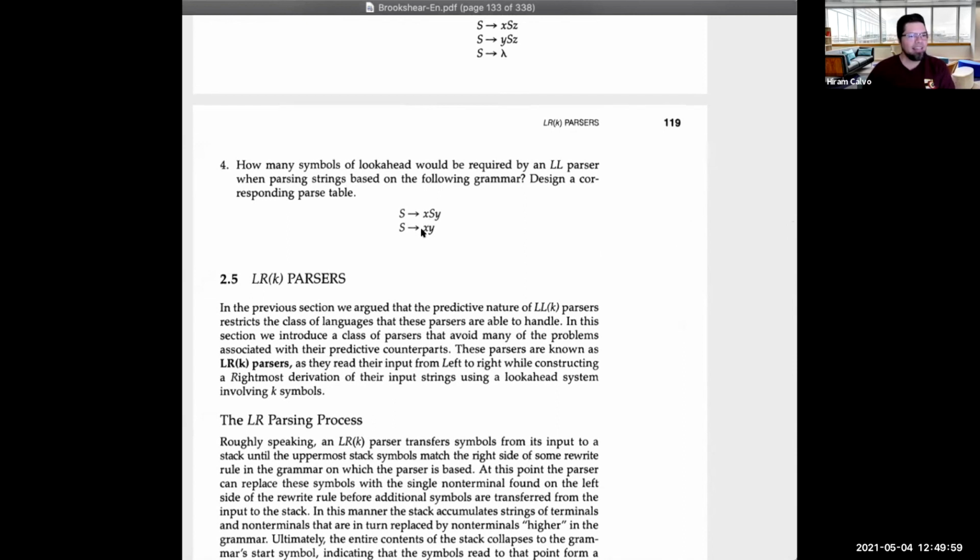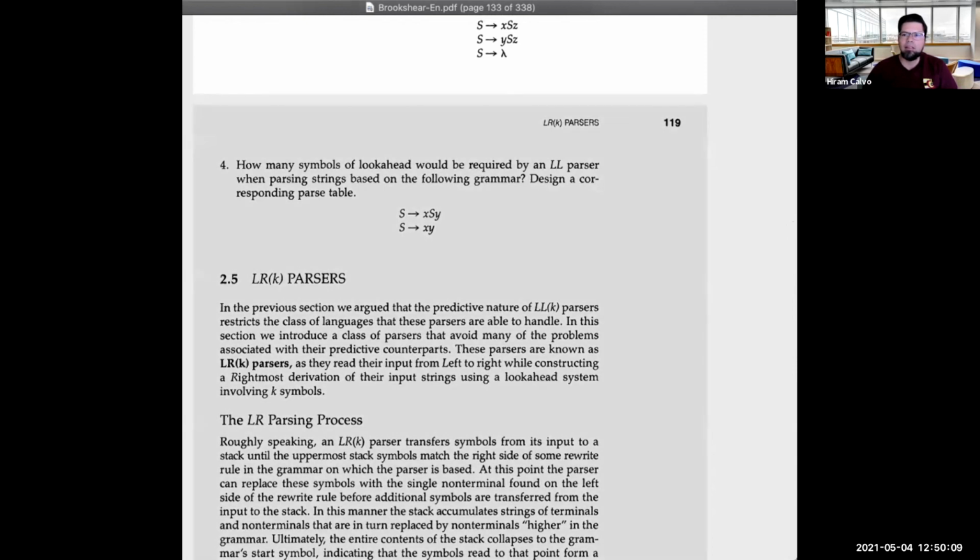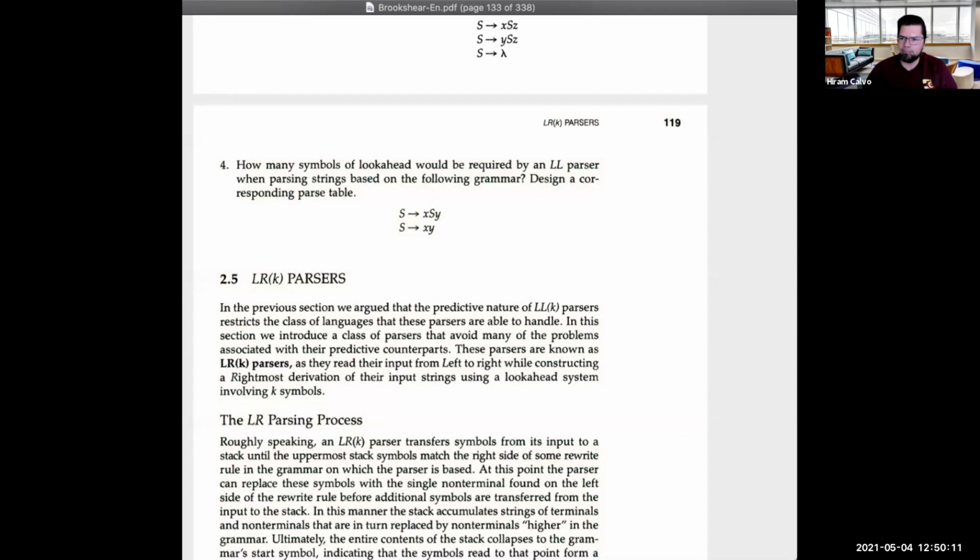So it asks how many symbols, and we already know that. Let me annotate here. And now I don't know how to annotate here. Okay, here it is.